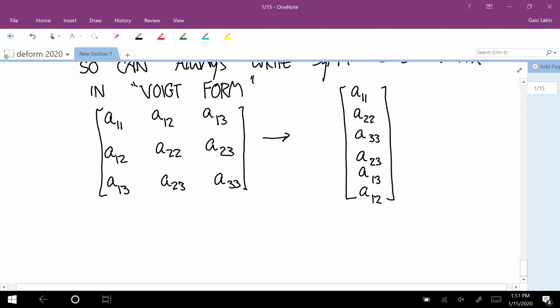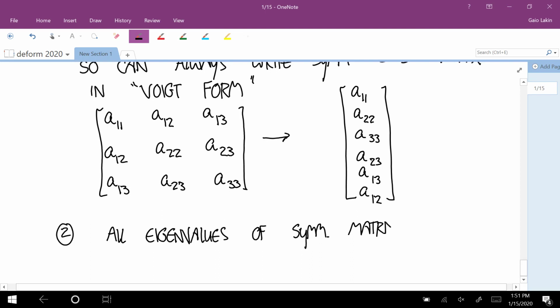And the second one is that all eigenvalues of a symmetric matrix are real. In general, eigenvalues can be imaginary, but if the matrix is symmetric, the eigenvalues are real.